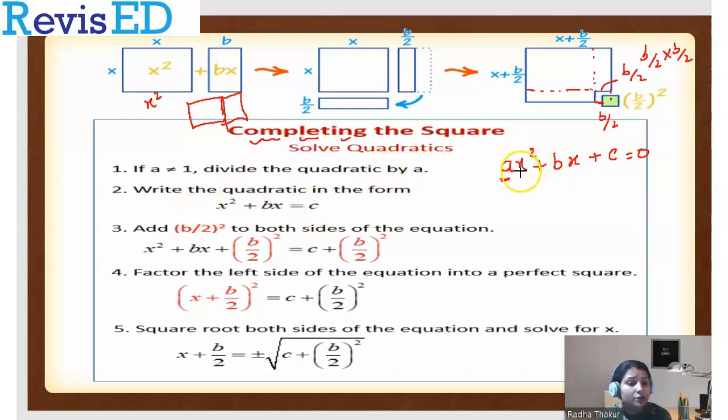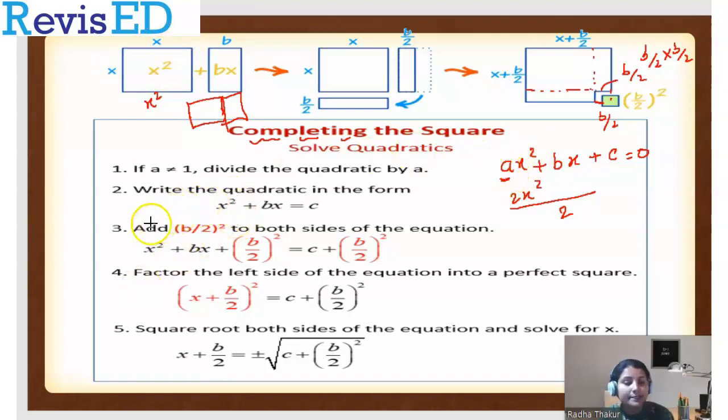If the coefficient of x square is not equal to 1, like 2x square, 4x square, minus 2x square, then the first step is to divide the whole equation by a. Like if a is 2, we have to divide the whole equation by 2 first, because the coefficient of x square should be 1, not any other coefficient.